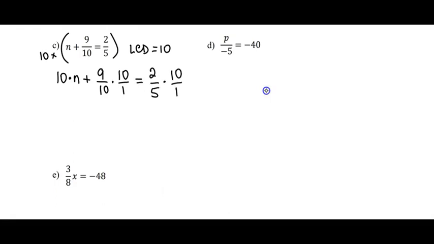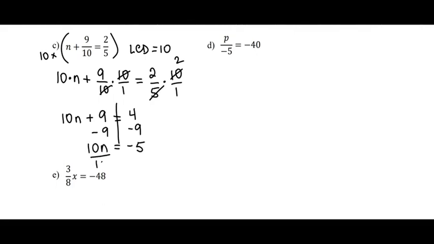All right, so we have 10n, these cancel each other, plus 9 equals, so this is 1, this is 2, equals 4. Subtract 9, you have 10n equals negative 5. Divided by 10, n equals negative 1 over 2.